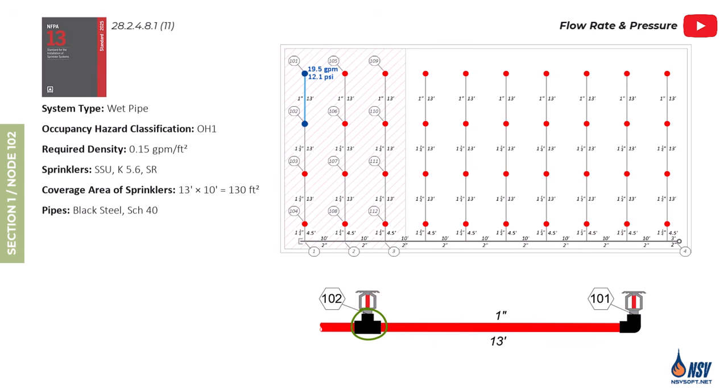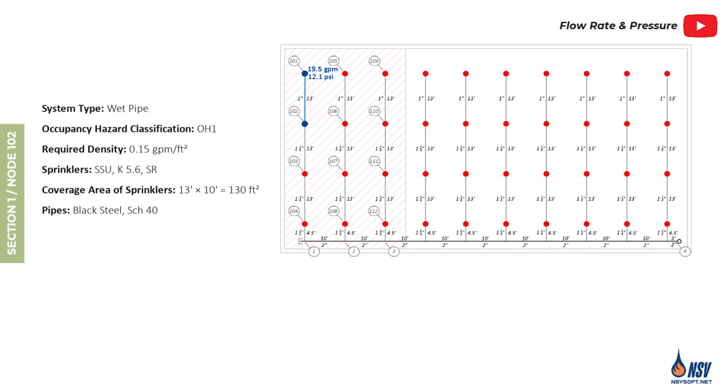Additionally, we can ignore the minor loss in the T, as the standards permit excluding T's or crosses that do not cause a change in flow direction. In our example, the water does not experience any change in direction as it passes through the T fitting. Therefore, we can ignore the minor loss in the T in accordance with standard guidelines.